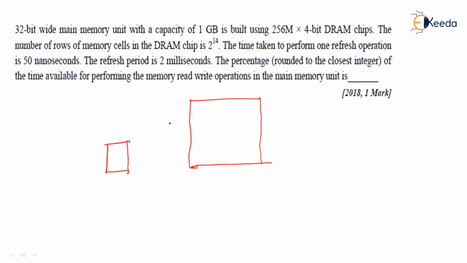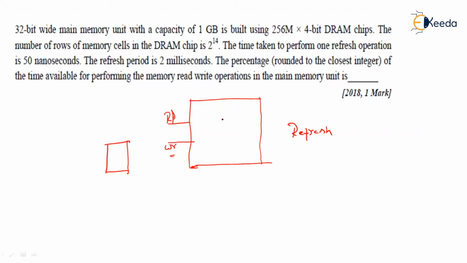What are the operations that are performed on main memory or any memory? One is read, one more is write. Now, if you want to use it, there is something called a refresh operation. For maintenance, main memory has to be maintained. There is something called maintenance of the main memory. What is this kind of maintenance?